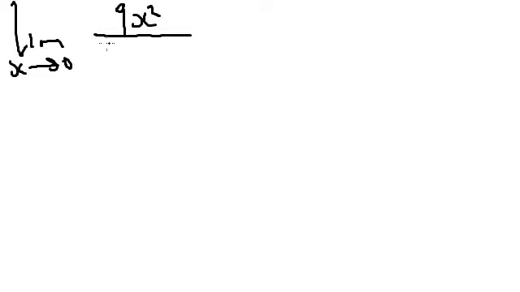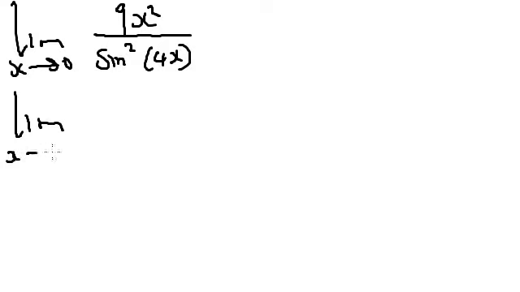On to example 6. Consider the limit as x approaches 0 of 9x squared divided by sine squared 4x. Pause the video and figure this out yourself. Well, since both the top and the bottom are perfect squares, can we actually break them in pieces? Let's see.